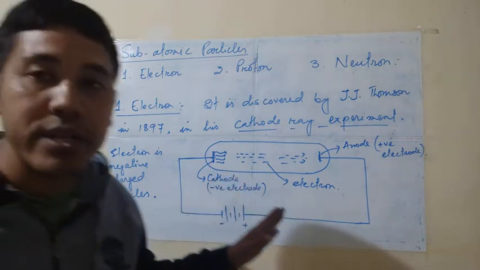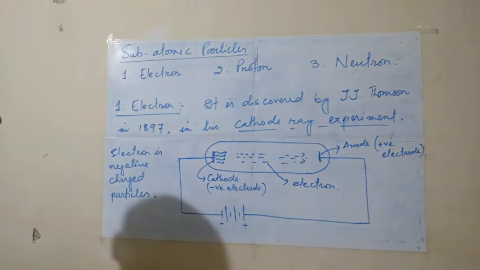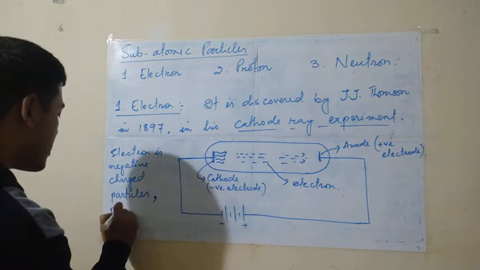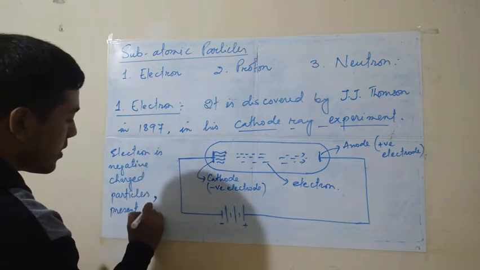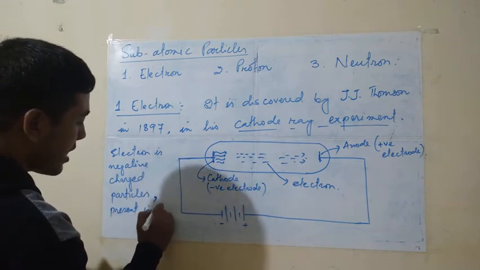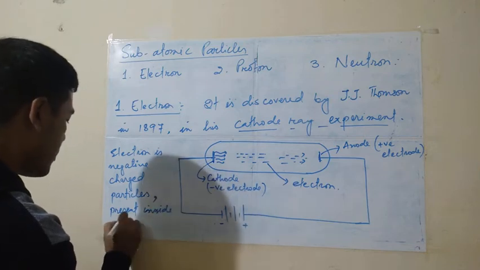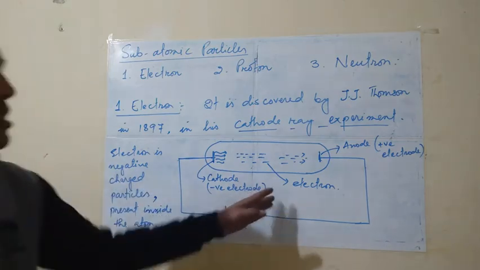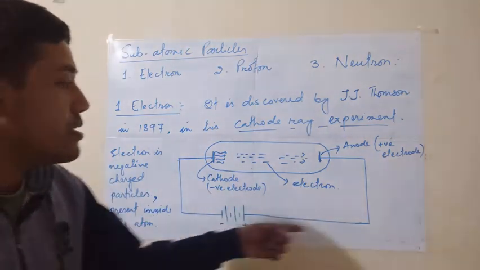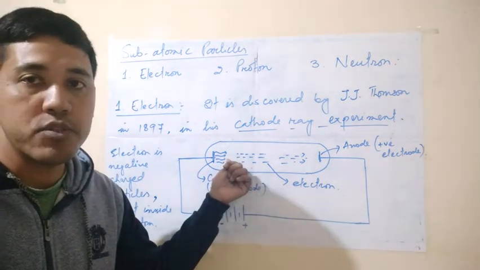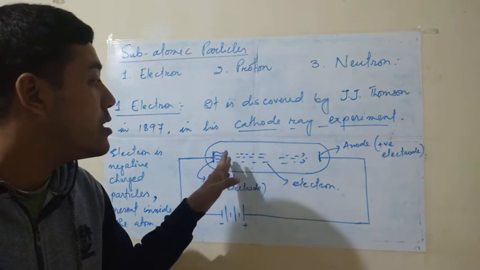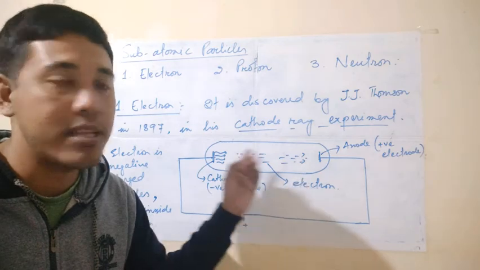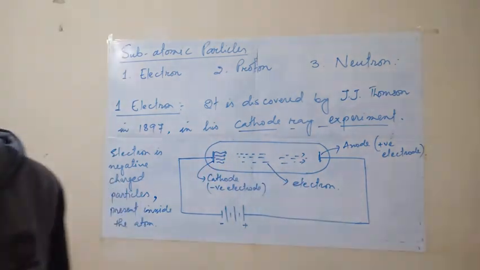The electron is a negative charge particle present inside the atom. From this experiment he proved that some particles come out from the cathode, and this particle is known as the negative electron. Let's copy down this one.